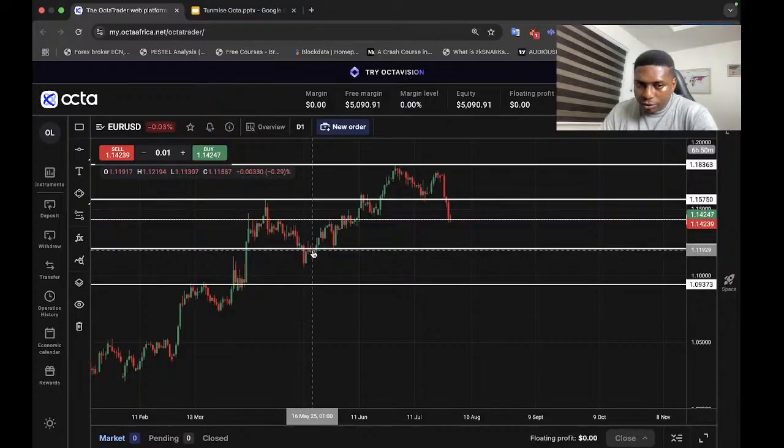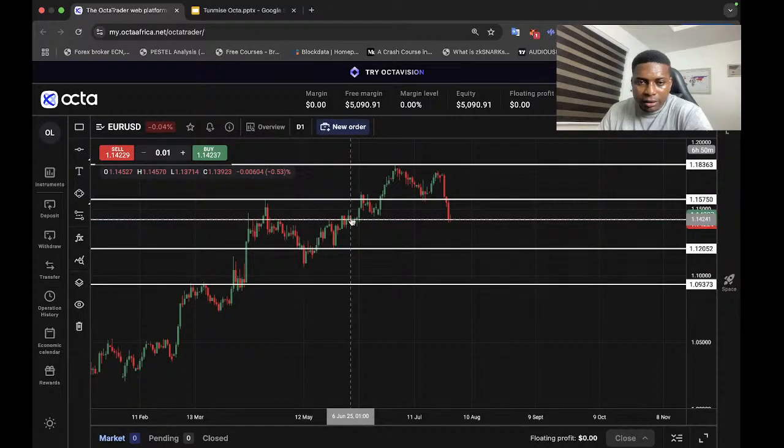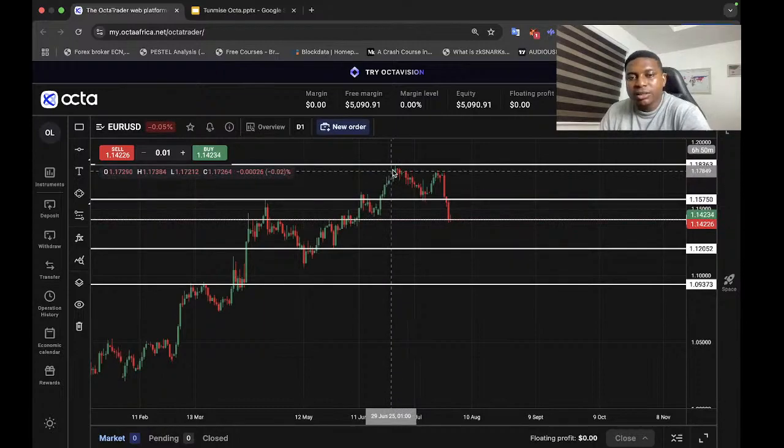That is why you see price not breaking down further. But having broken out of the resistance zone, it continued its bullish movement. Then it got stopped at this resistance zone, and price got pushed back.